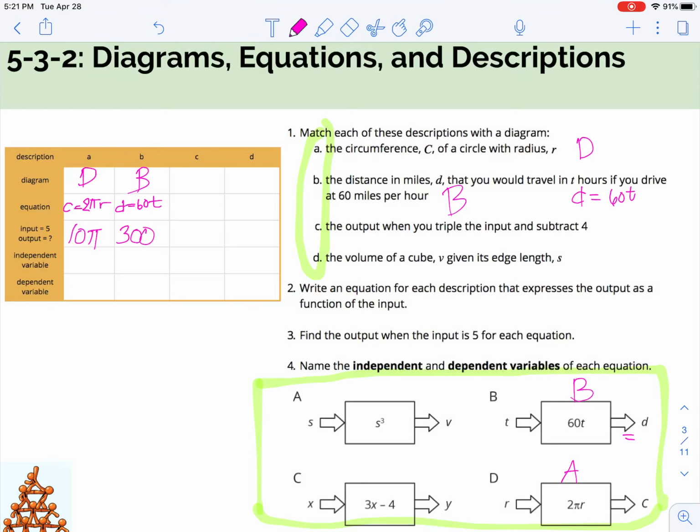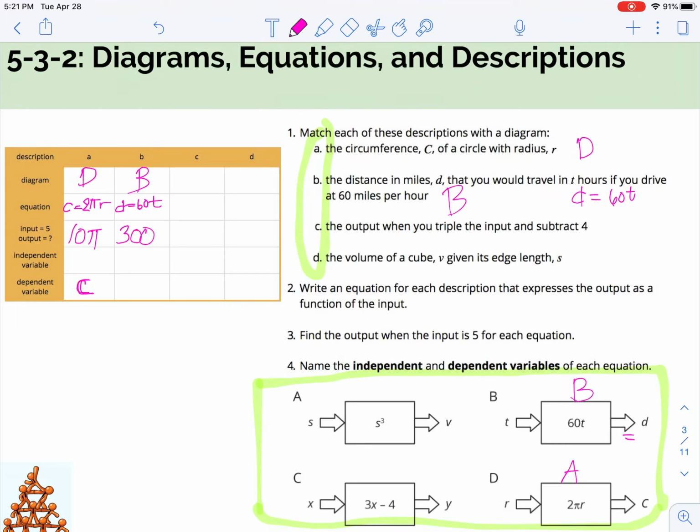Okay, so the independent variable is the one that is not alone on the side of the equal sign. The dependent variable is the one that you have to find. It's like the output variable. For the one talking about circumference, circumference would be the dependent one because that's the one you're trying to find.